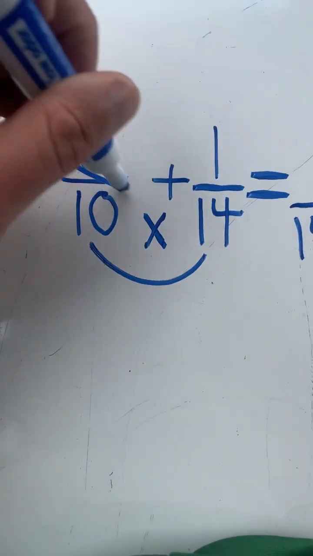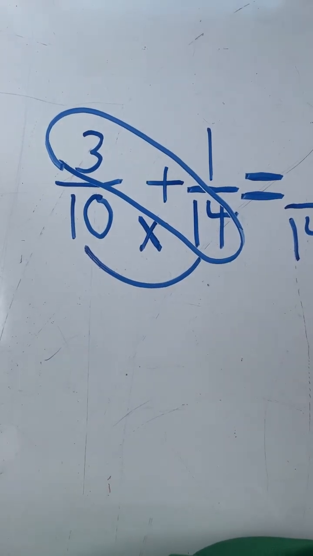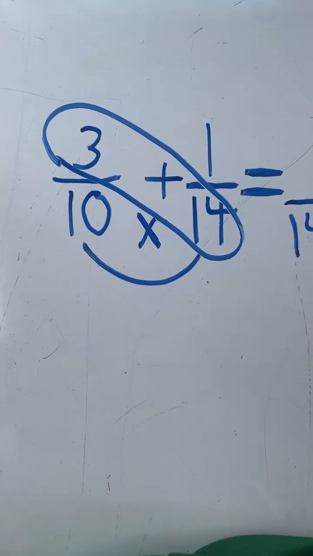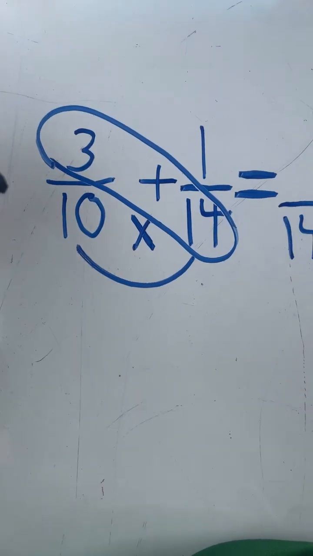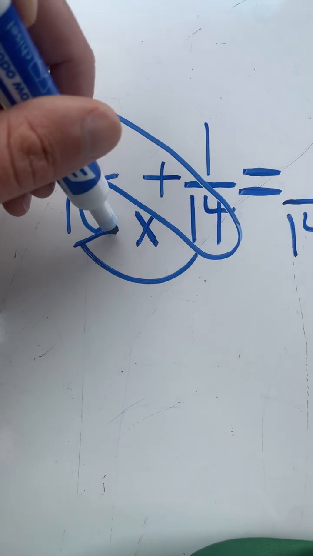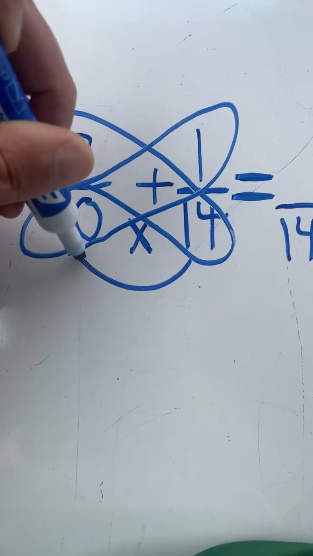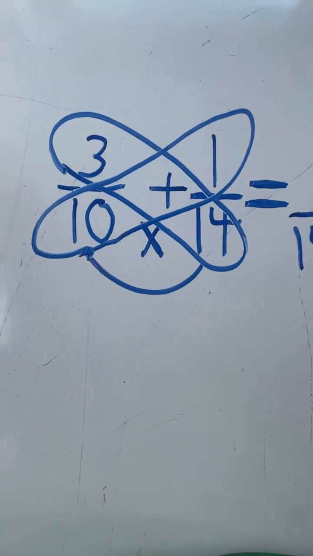So we need to multiply 3 times 14. And then we need to multiply 10 times 1. That's why we call this the butterfly method, because it is in the shape of a butterfly.